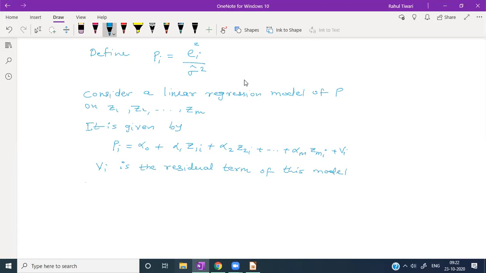Now obtain the explained sum of squares, which is generally called ESS. Here ESS is equal to alpha hat square into summation of zi square.